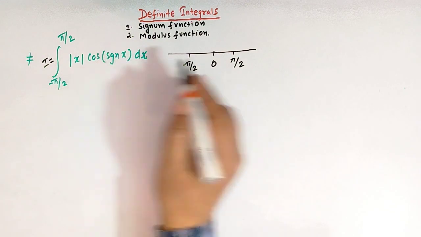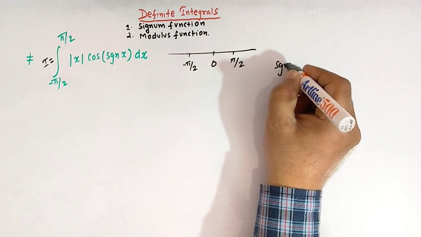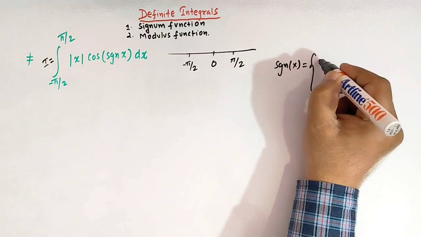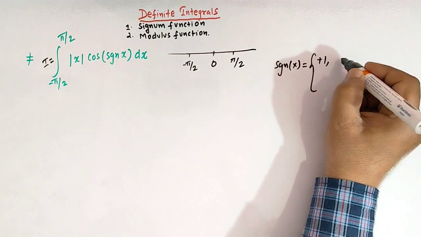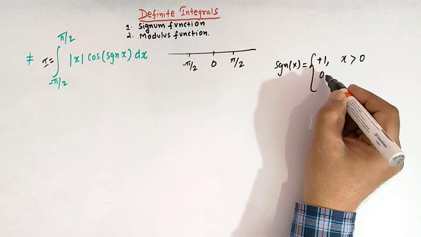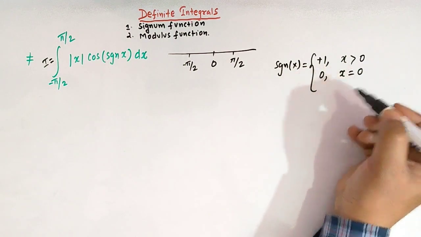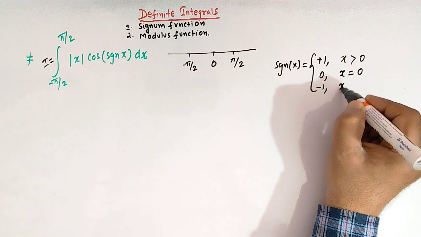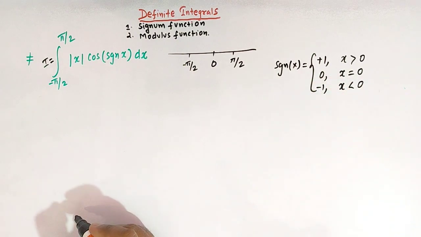So now see here, signum of x can be defined like this, right? Signum of x takes the value plus 1 whenever x is greater than 0, signum of x takes the value 0 whenever x is equal to 0, and signum of x is negative 1 whenever x is less than 0, right?